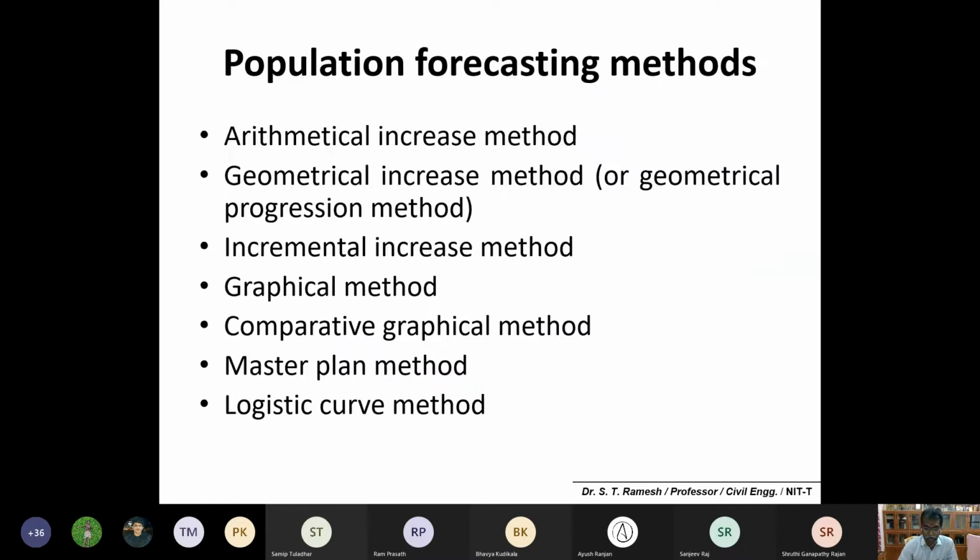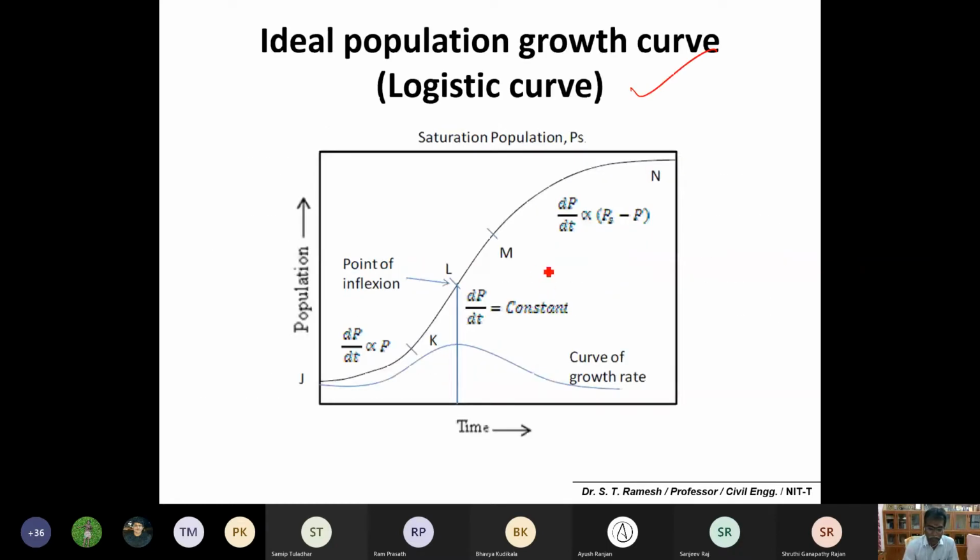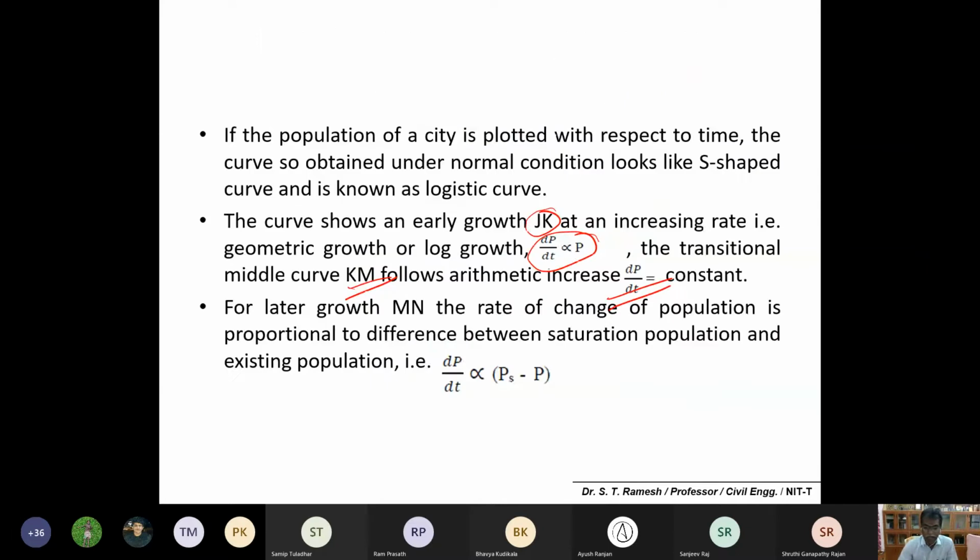And the later portion, that is the MN portion, is proportional to the difference between the saturation population PS and the existing population. So please remember these three patterns.